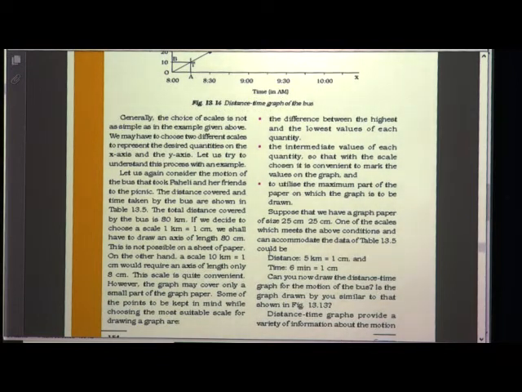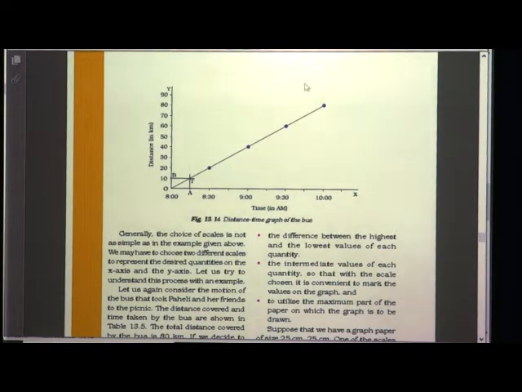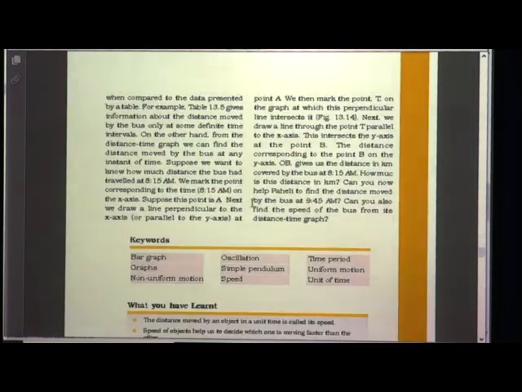So, you have to make the graph of this scale and compare it with this graph 13.14. This is your activity for today. So, you have to think about these things and try to draw this graph.